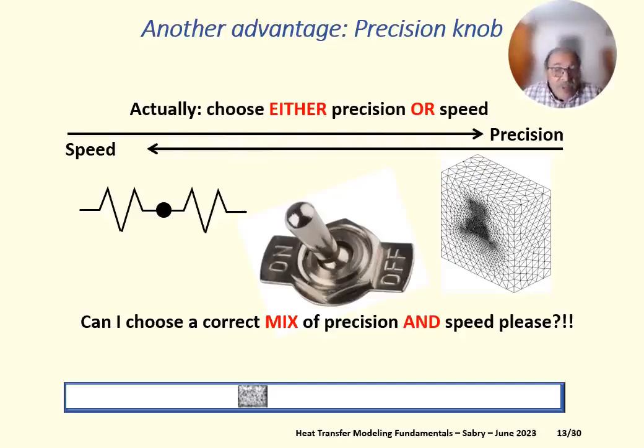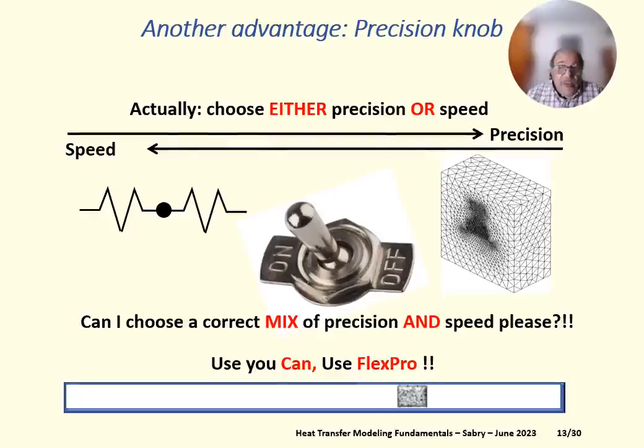With the model I'm proposing, I have a knob and I can change as I wish the level of precision at the expense of speed. If I represent my temperature and my heat flux profiles over each thermal port using a small number of terms in the series, then this is a low precision, but I will also have a very small matrix because the number of unknowns is small, and it will be relatively fast.